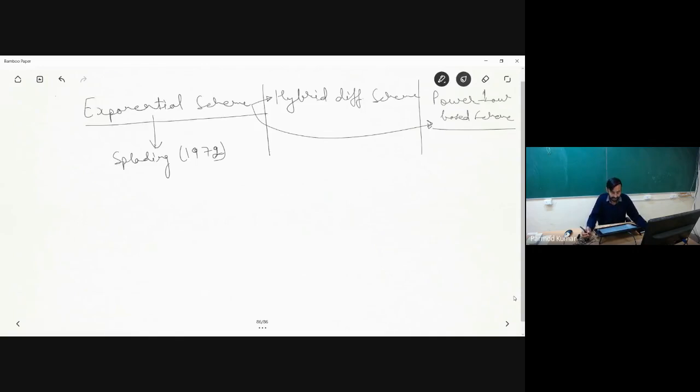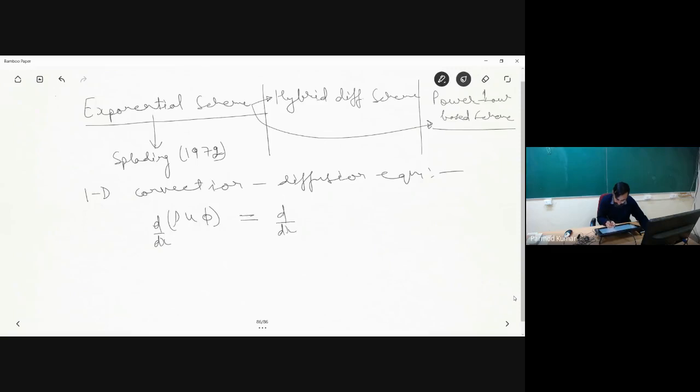So what happened, if you see, for the one-dimensional convection diffusion equation, this is my equation: d by dx of rho u phi is equal to d by dx of, say, mu times d phi by dx.